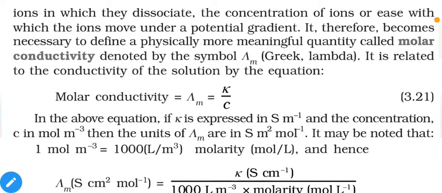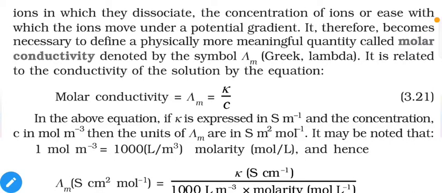So suppose you are using the same quantity of NaCl in two different concentrations. That means we have 1 molar and 0.1 molar solutions of NaCl, but in both of them the quantity of NaCl is 1 mole. That means 1 mole dissolved in 1 liter and 1 mole dissolved in 10 liters. So 1 mole dissolved in 1 liter is a 1 molar solution, and 1 mole dissolved in 10 liters is a 0.1 molar solution.